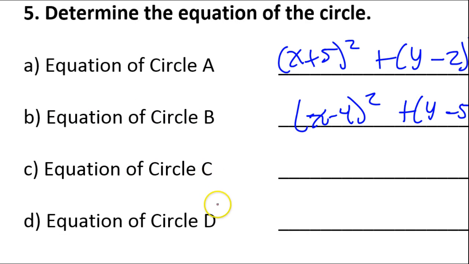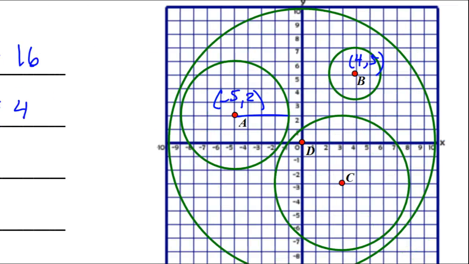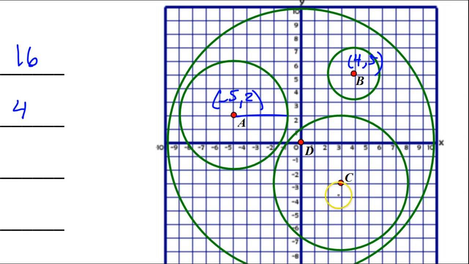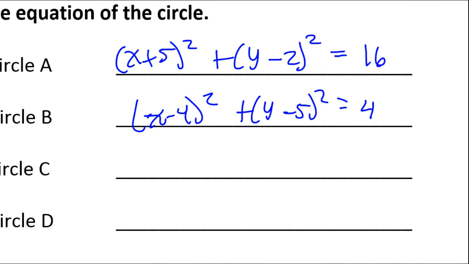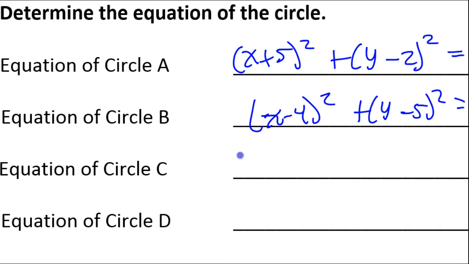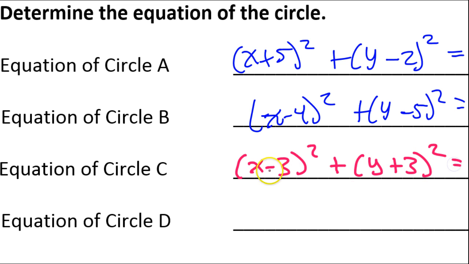All right, how about circle C? Well, the center is 3 comma negative 3. So right away that's going to give me the left side of the equation. So that's going to make it x minus 3 squared and then y plus 3 squared.